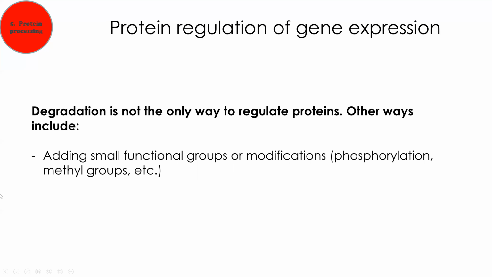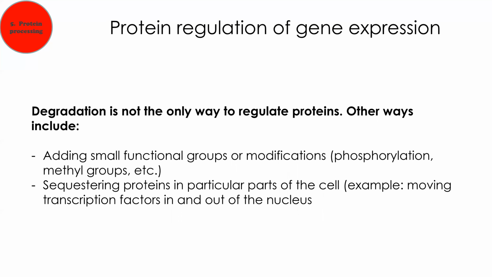All right, and you can think about adding things to them or just keeping them away from certain areas of the cell. So one example I like to use is transcription factors. Those are produced generally in the cytosol, but they're for transcription. Even the general transcription factors are produced in the cytosol, but they function in the nucleus.